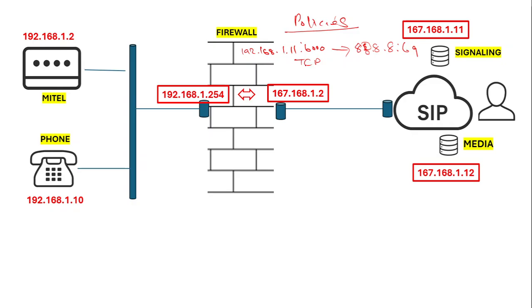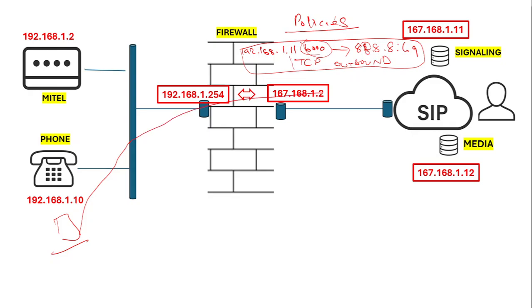Then it's going to say, is there a policy which is disallowing port 6000 from going out to port 69 TCP? And then again, if the answer is no, then this outbound traffic is going to be allowed. It's going to be allowed through from our PC.